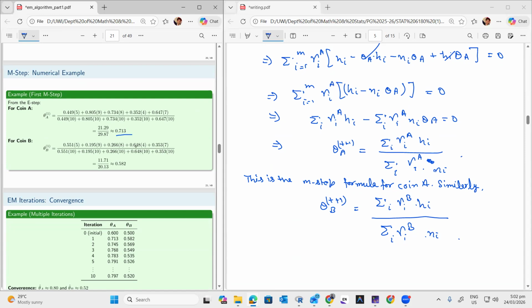After the multiplication and summation, it becomes 11.71 divided by 20.13, so approximately 0.582.